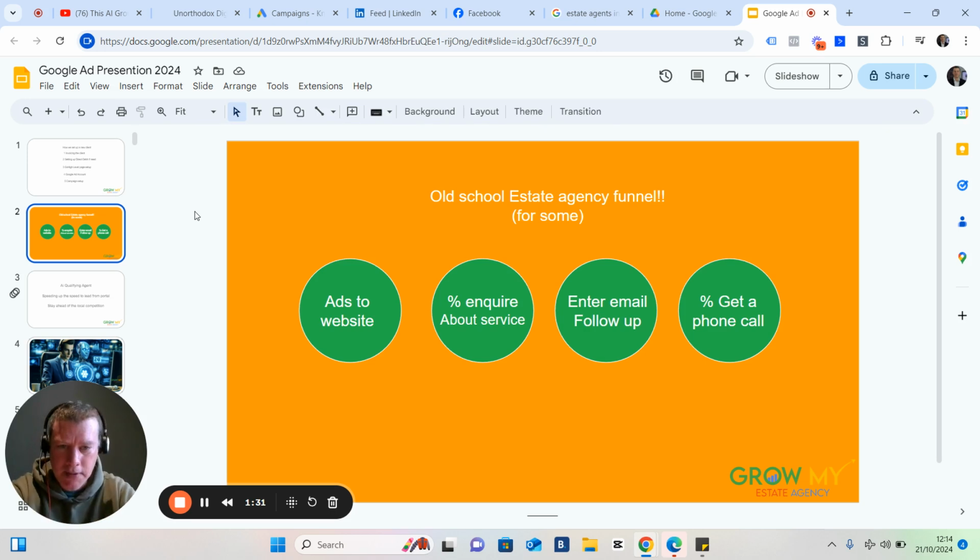So what usually happens then? From step one, we're driving ads from all the media sources, delivery services such as social media and paid search. We're driving people to a landing page, and a percentage of those people will inquire about the services, so they become essentially leads.